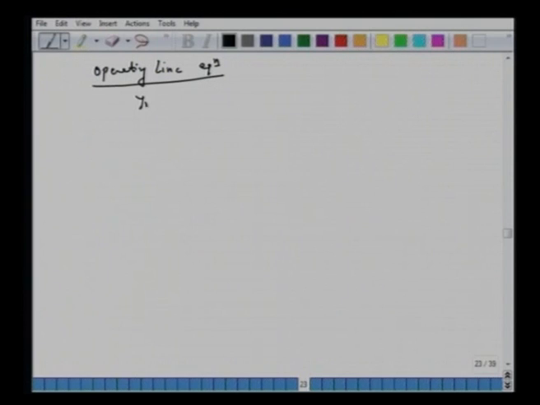Which is yn plus 1 equal to R over R plus 1 times xn plus xt over R plus 1. So R by R plus 1 is nothing but L by G. Okay, so that's one equation.